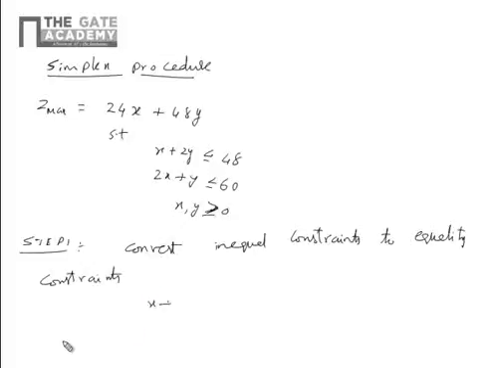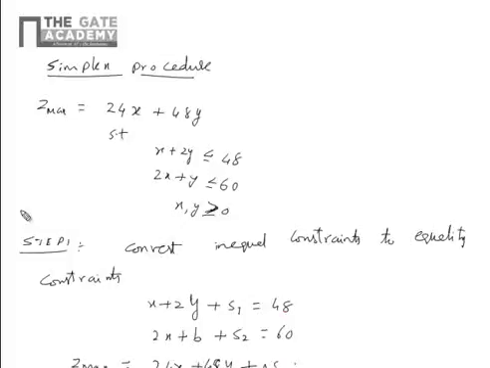So after converting, x plus 2y is a less than or equal to constraint, so add slack variable s1 equal to 48. This is also a less than or equal to constraint, so add another slack variable s2 equal to 60. The objective function will now change, Z max equal to 24x plus 48y plus 0s1 plus 0s2.